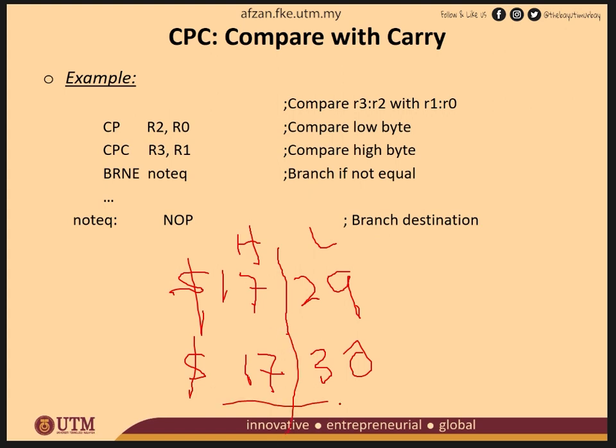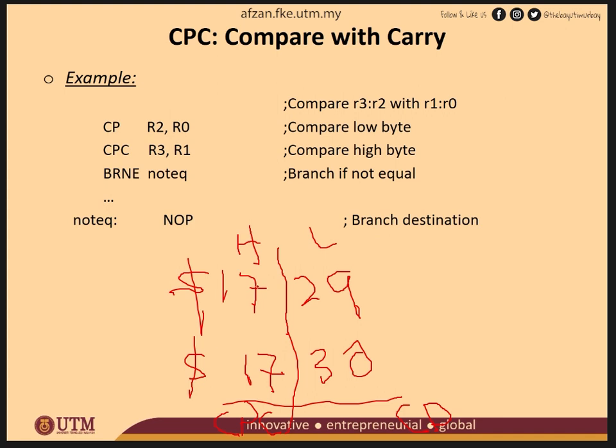For the low byte, what you're going to do is use the CP instruction to compare the low byte, while for the high byte we use the CPC instruction, similar to what we did in the arithmetic operation. So here you want to compare these two 16-bit numbers.